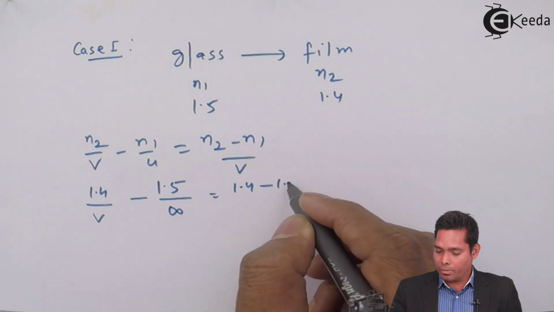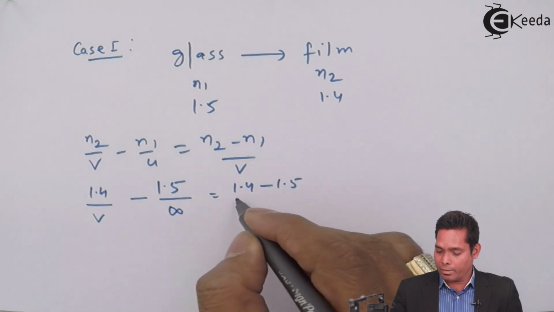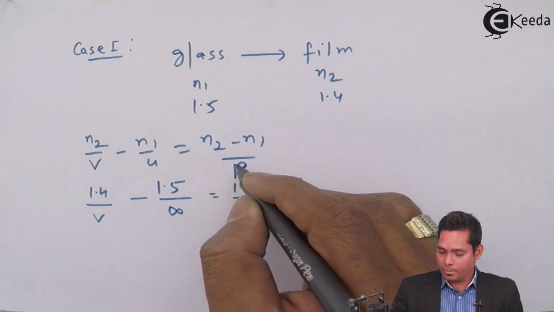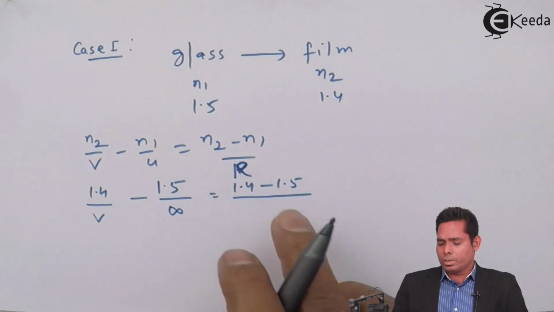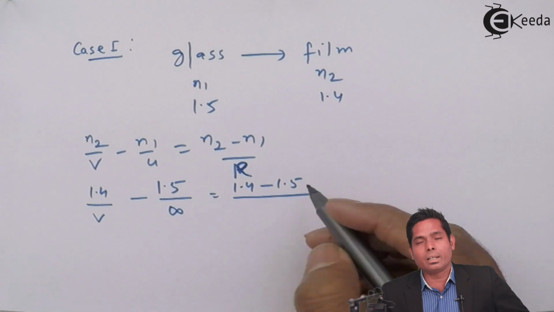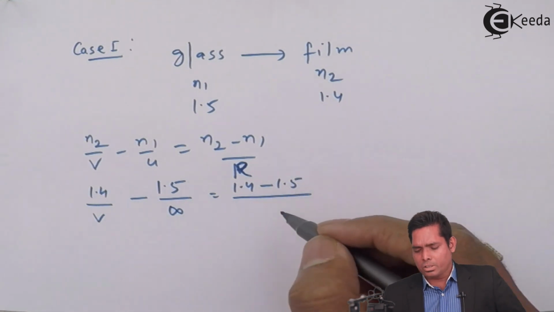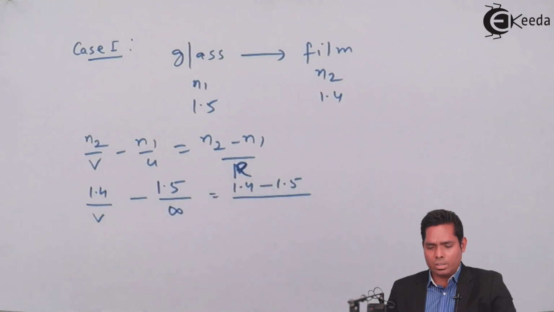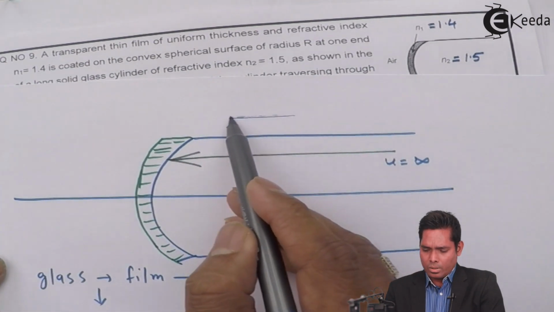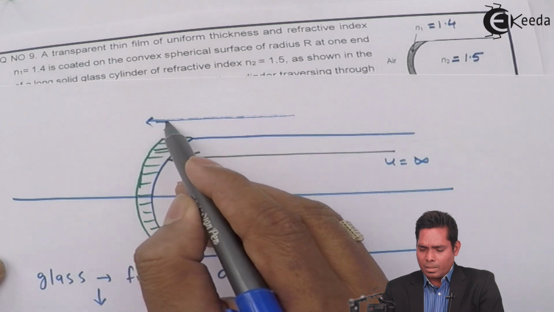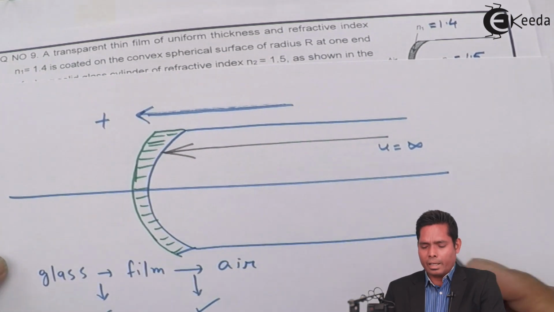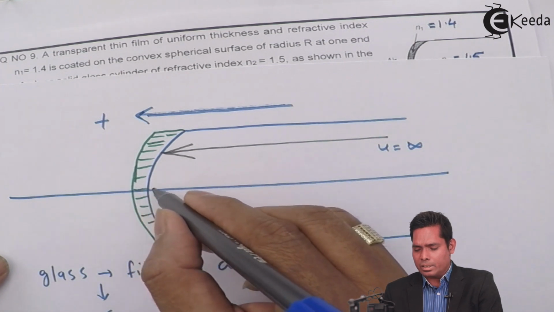1.4 minus 1.5 divided by R, this is obviously R, not V. Now I will consider R as positive or negative, because the ray is moving in this direction. Any measurement in this direction is positive, and any measurement in the opposite direction is negative.